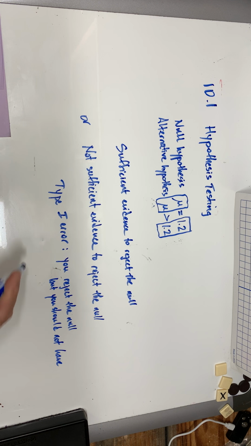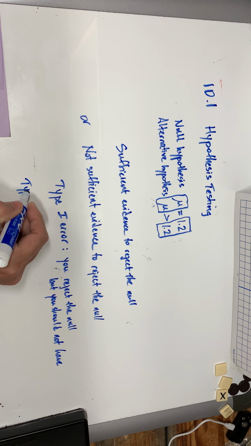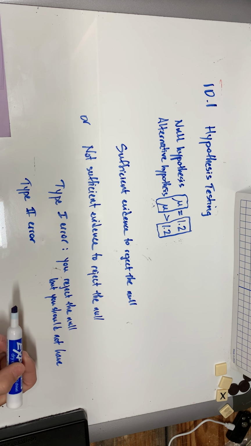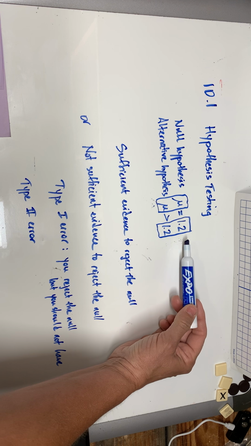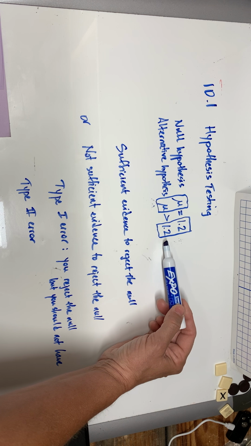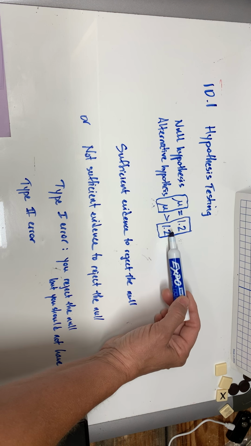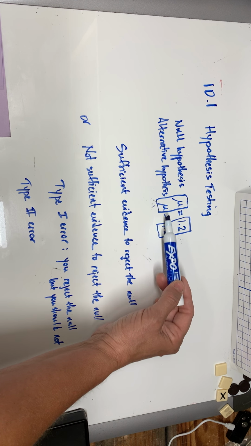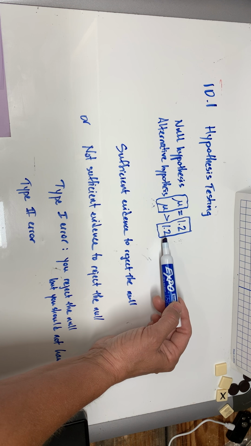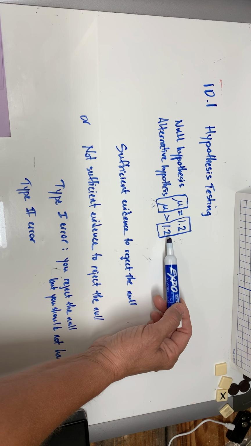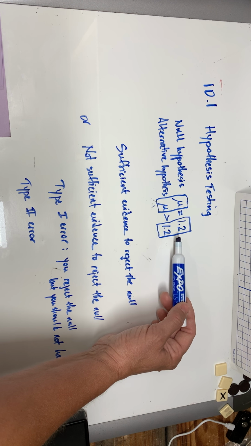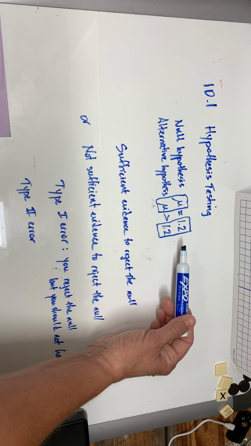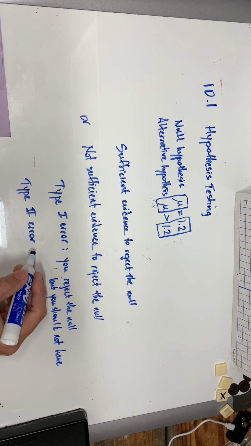A type 2 error is the other way around. It's when there really was sufficient evidence to determine that we should reject the null. So basically our hypothesis is looking pretty good, but we don't reject it for some reason. Like we second guess ourselves, or we've read something incorrectly. So there's two ways to mess up.